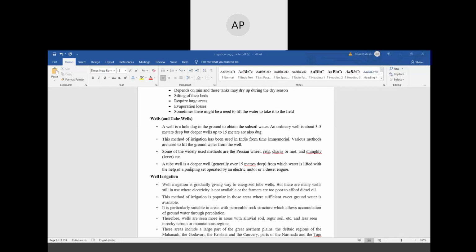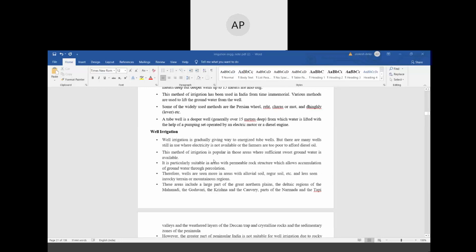Okay, a tube well is a deeper well, generally over 15 meters deep, from which water is lifted with the help of a pumping set operated by an electric motor or a diesel engine. Well irrigation is gradually giving way to energized wells. But there are many wells still in use where electricity is not available or the farmers are too poor to afford diesel oil.